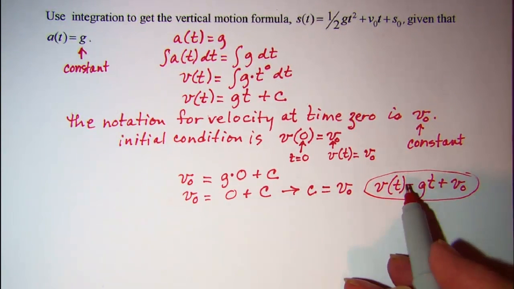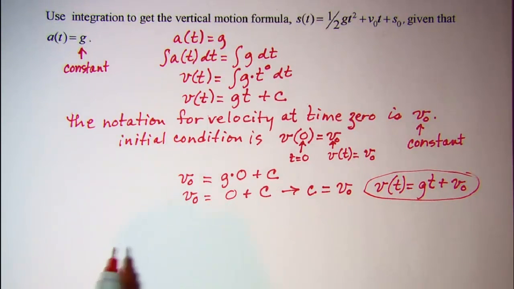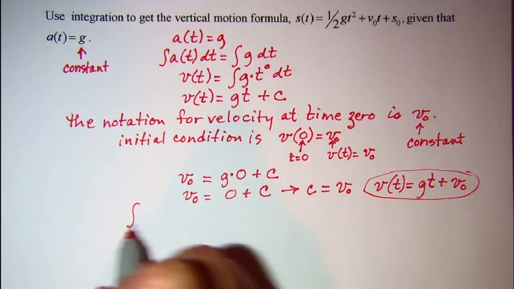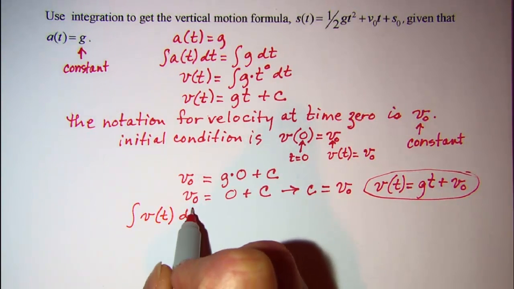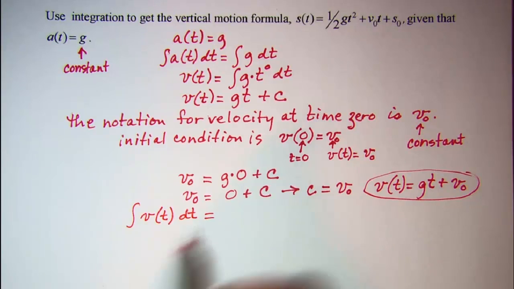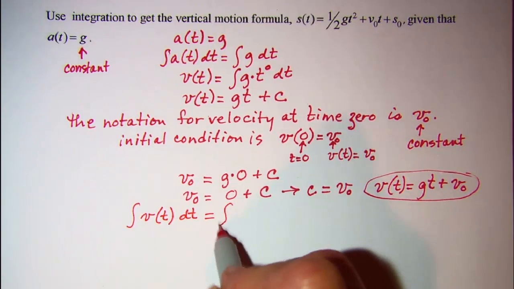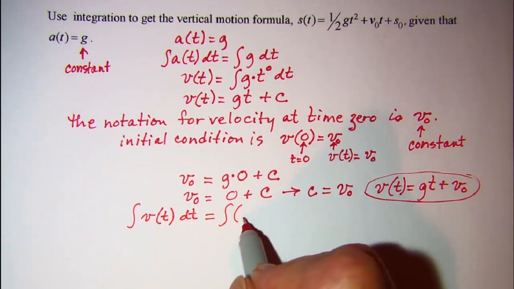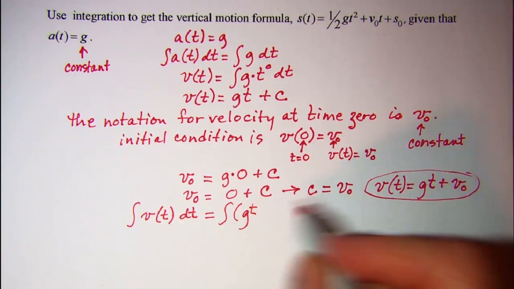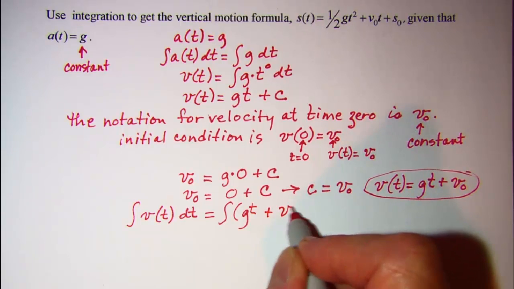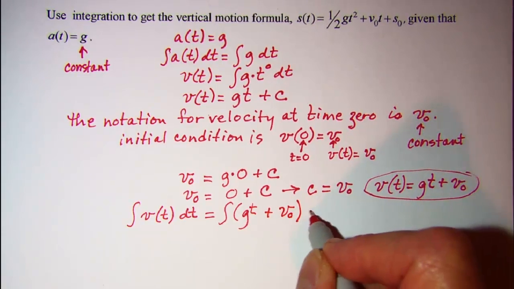So we want to integrate both sides with respect to t. Integral v of t with respect to t is equal to the integral of gt plus v sub 0 with respect to t.